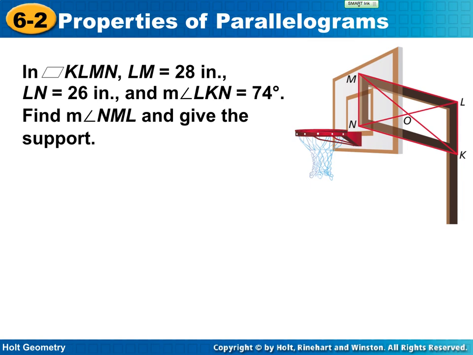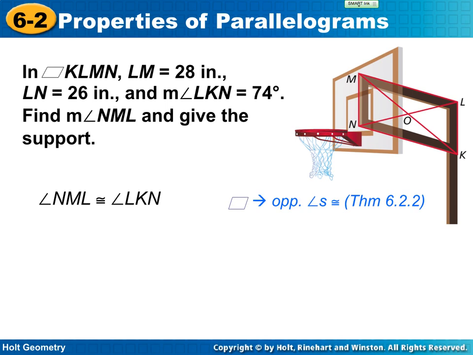That was 74 degrees, theorem 622, because the angle that you were given was across from it. So it was the opposite angles that were congruent.